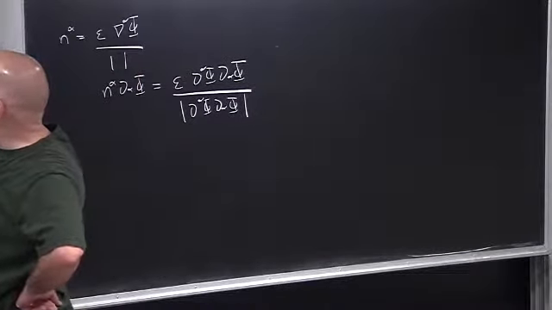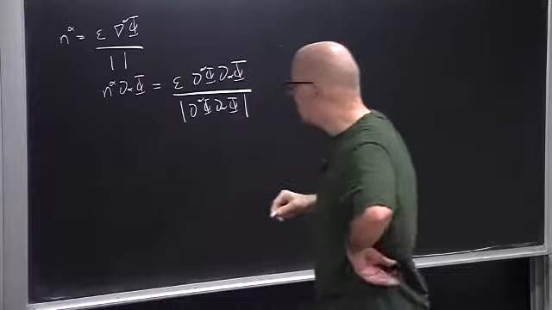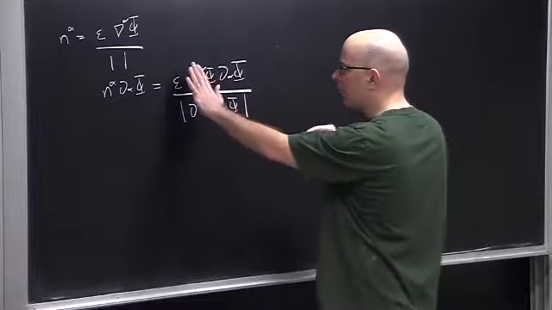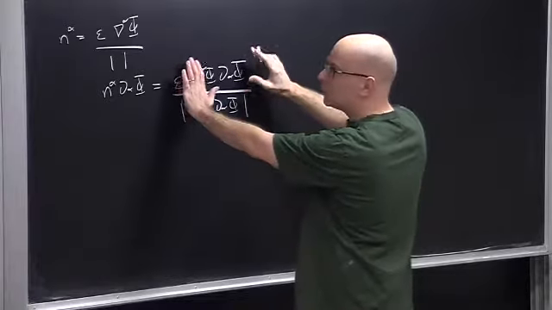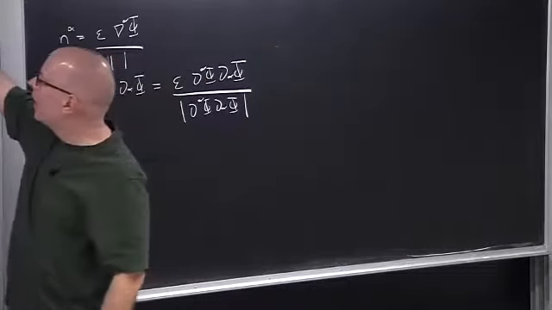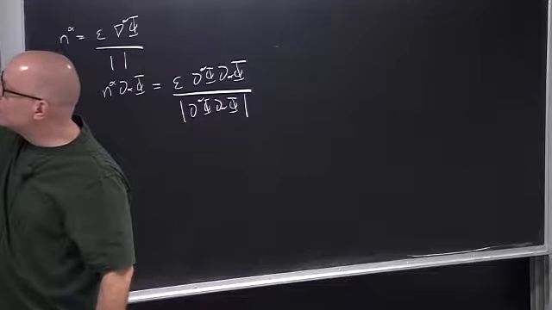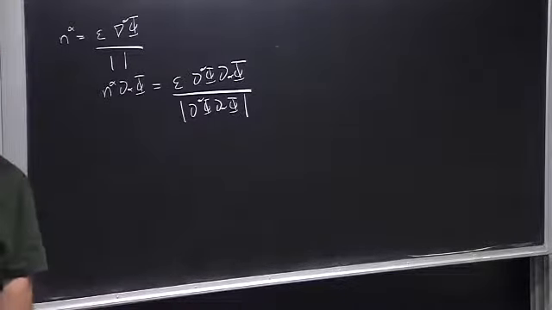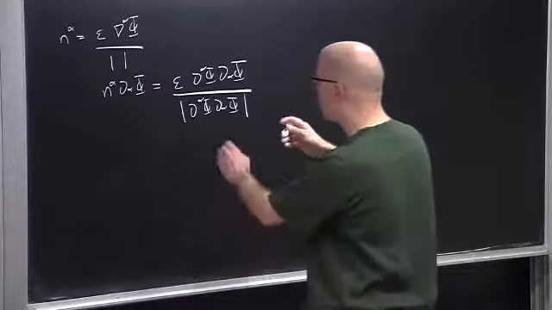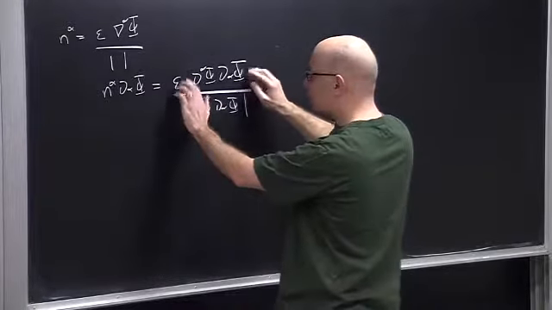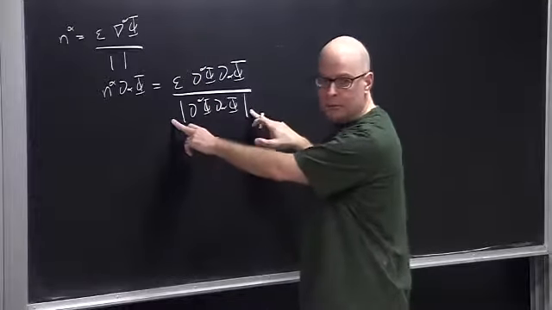If epsilon is +1 and we're dealing with a time-like surface, that means that the norm of grad phi is positive, right? So if the norm of grad phi is positive, then epsilon is 1, and this is equal to its absolute value.